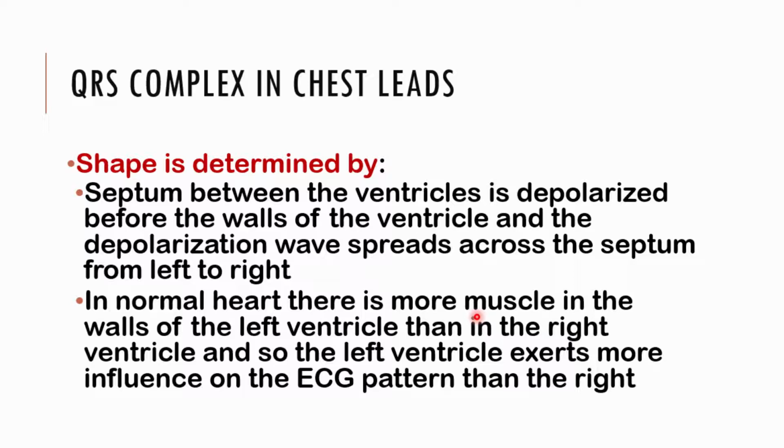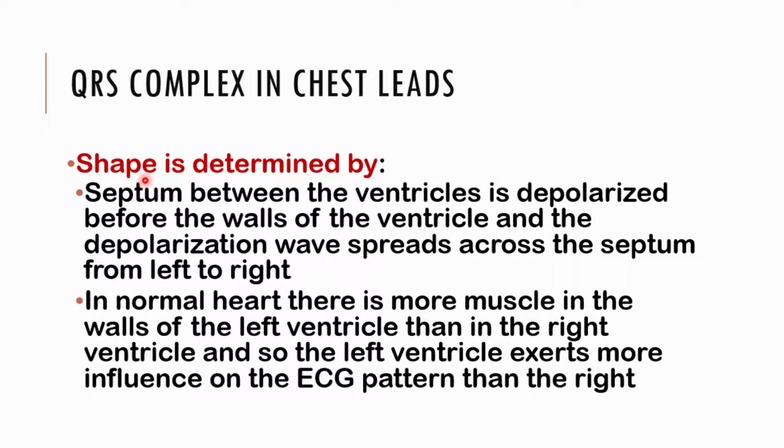Then remember that this shape of the QRS complex is largely dependent on two important things. The first thing is that the septum that you find in between the ventricles is going to be depolarized before the walls of the ventricles. And this depolarization is going to be spreading in such a way that it spreads across the ventricle from left to right direction.